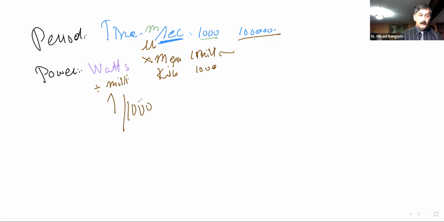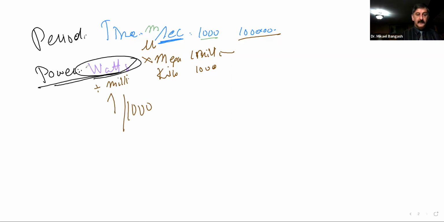But they still all are units of power because what you still have is the watts. So here we can mainly say that kilo, mega, milli, nano, micro, whatsoever, these are mainly just prefixes.